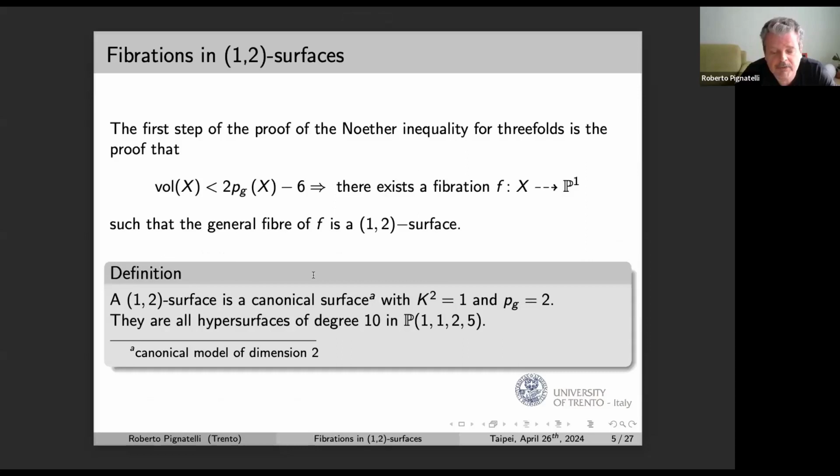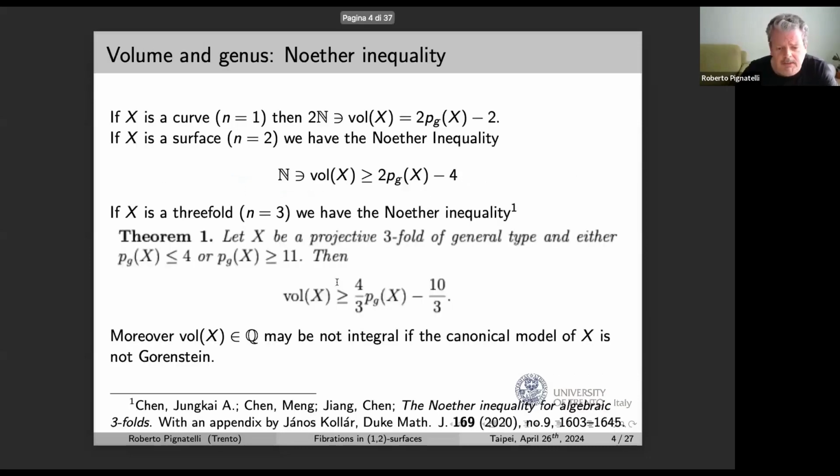the difficult point of the inequality, to my understanding at least, is to deal with these fibrations in 1-2 surfaces. Since the really first 2 pages, I think, of the paper I mentioned deal with this case. So one way to write the result is that if the volume is smaller than 2 pg minus 6, and see, this 2 is definitely bigger than 4/3 here.